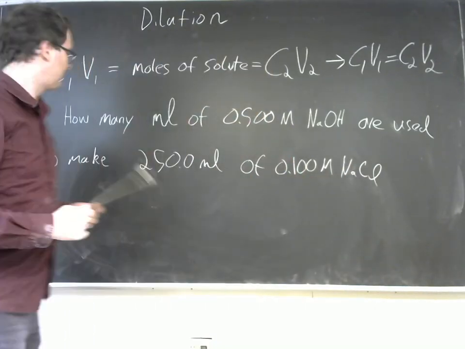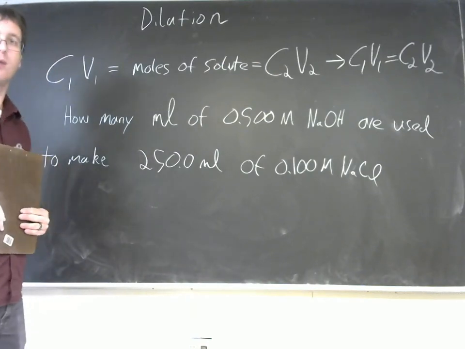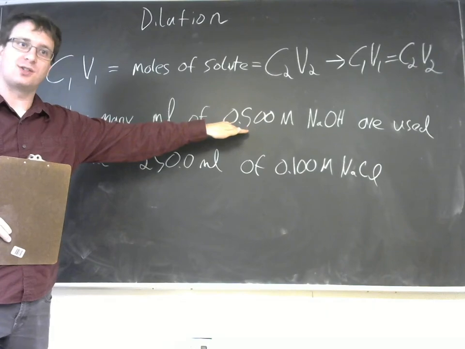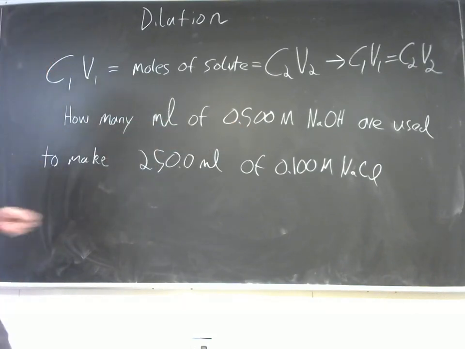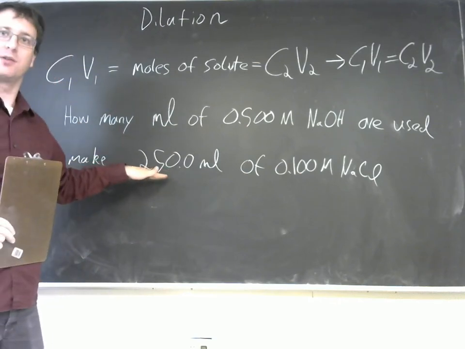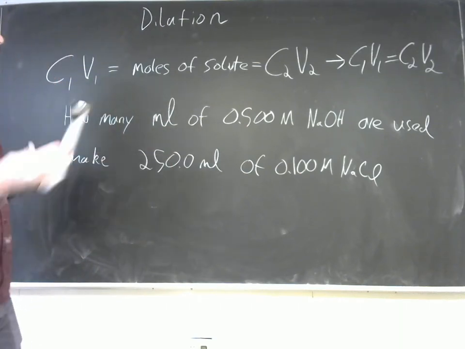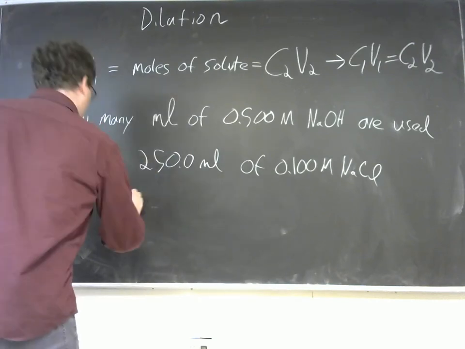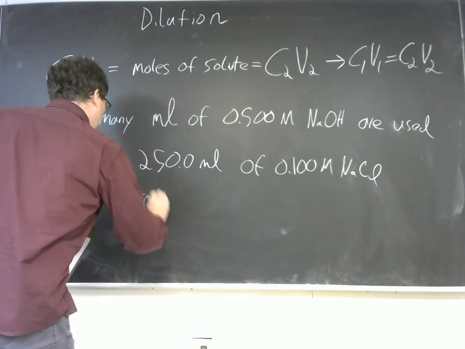Okay, this is a typical dilution type problem. We've got some concentrated stock solution, and we want to make a more dilute solution, and we want to make a particular volume of that. And so we'll just put our numbers into the dilution equation. C1 would be 0.500 molar.